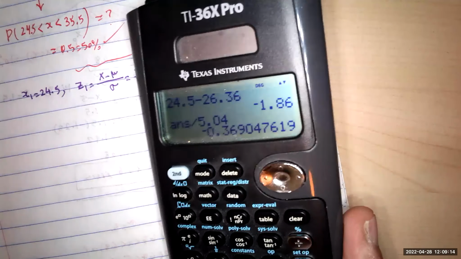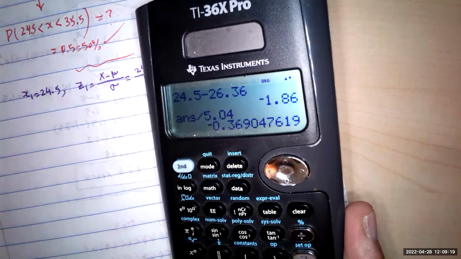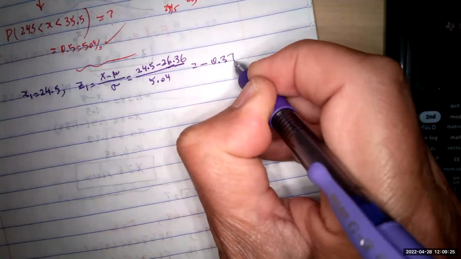We have 24.5 minus 26.36, and then divided by 5.04. If you divide it, that gives you the number. Remember 2 decimal places, so we run that, and that gives us 0.37. So it's going to be negative 0.37. Okay, so this is for the first one.